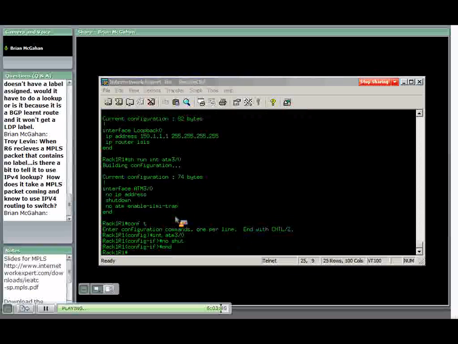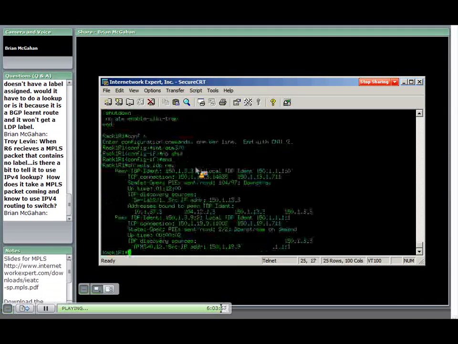Okay, so now router 4 has the information. Let's take a look at router 2 and show CLNS IS neighbors. We can see that we're running IS-IS with router 4, but we're also adjacent with the LS1010 over our ATM subinterface.